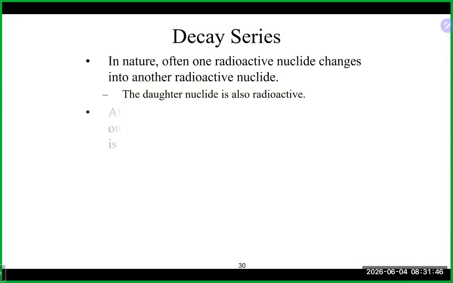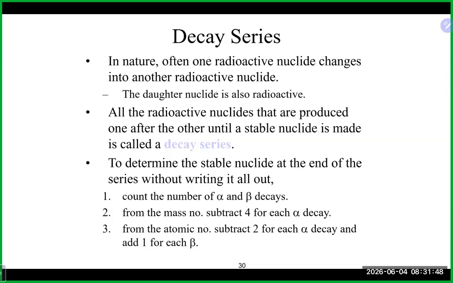All right, so we're going to continue on and talk about a decay series. A decay series is a series of radioactive decay processes which occur one right after the other, usually starting with something that is unstable. And it will continue to go through this decay series, usually until it hits something that's pretty stable and happy at that point.